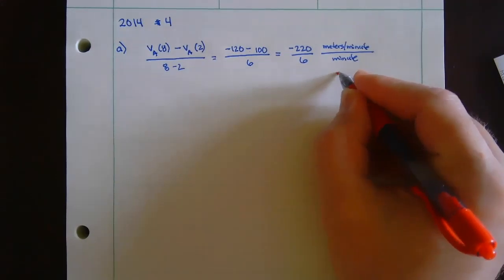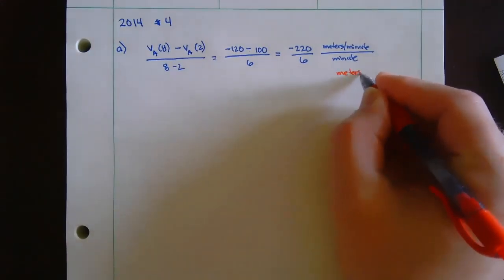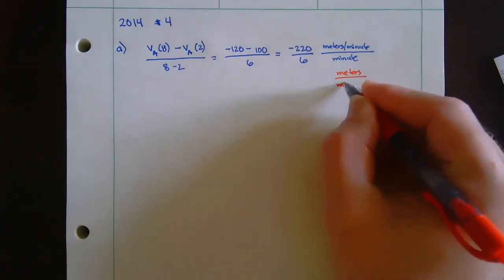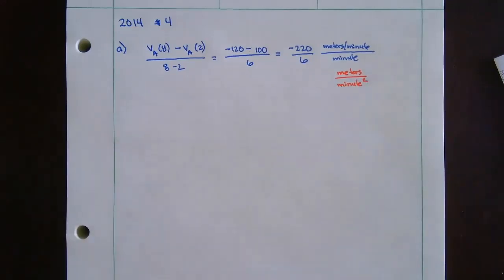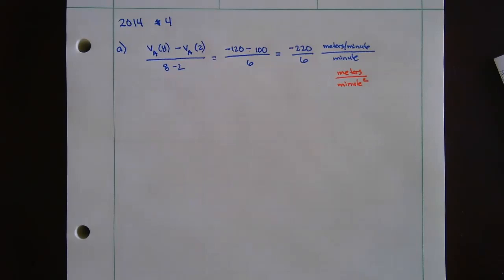So you could also write it like this, meters per minute squared, okay? I would not use m for minutes, okay? I would probably write out meters and minutes here, okay? Because m, which one is it? Is it the meters or is it the minutes, okay? So a lot of times we'll use m for meters, okay? All right, so let's go to part B, okay? Because that's the answer for part A.